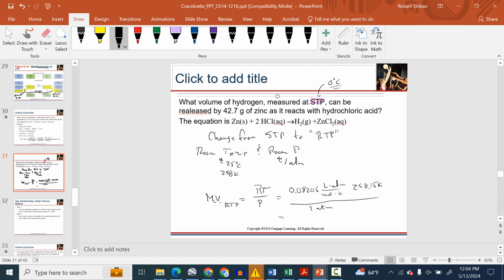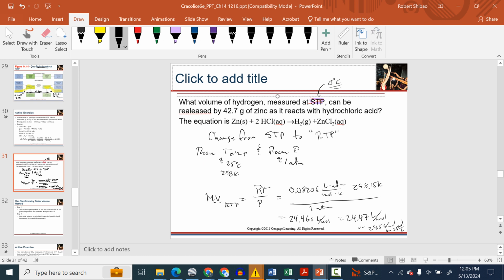It depends on how many sig figs you want. 0.08206 times 298.15 gives 24.466 liters per mole, which is 24.47 liters per mole, or 24.5 liters per mole, or 25 liters per mole. Depends on how precise you want to be.